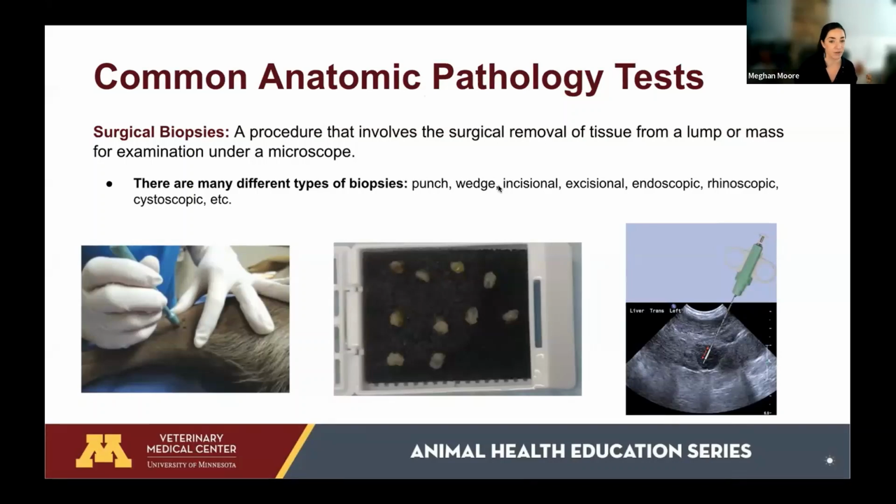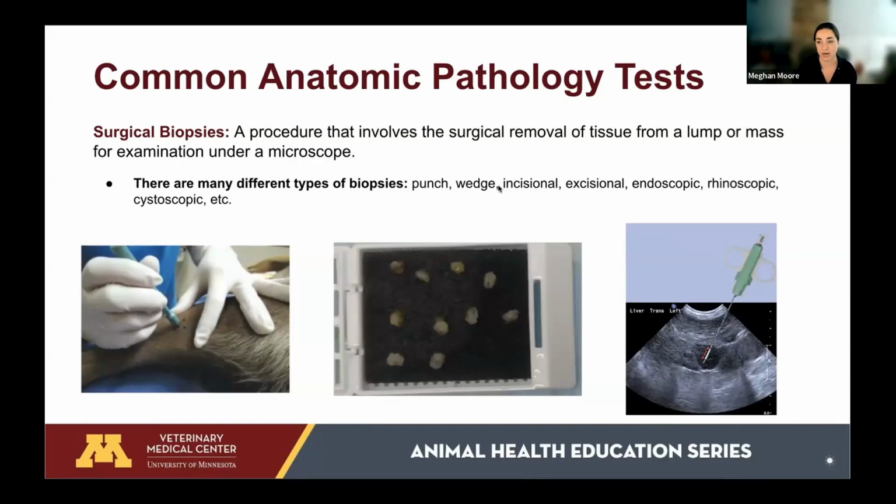And sometimes it's not even a lump or a mass. Sometimes, for example, you might have a bunch of red spots on the skin that you want to look at. So we can look at those too. But the idea is that it is more involved than poking something with a needle.